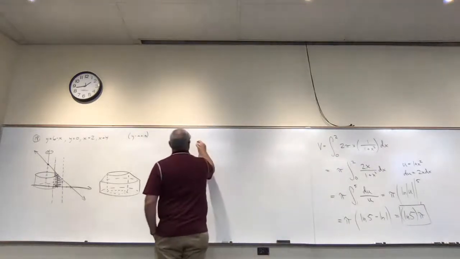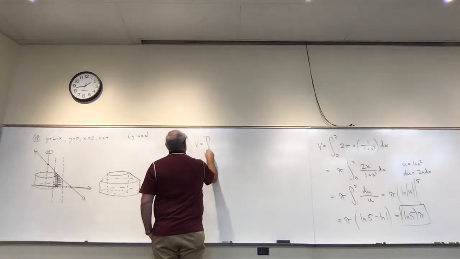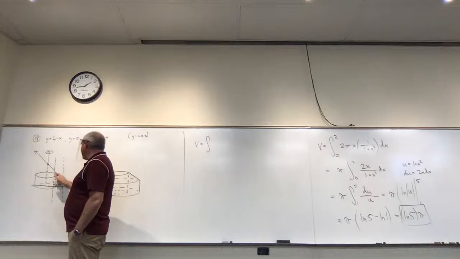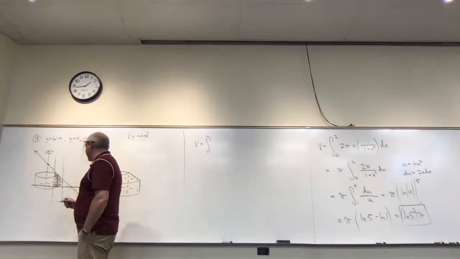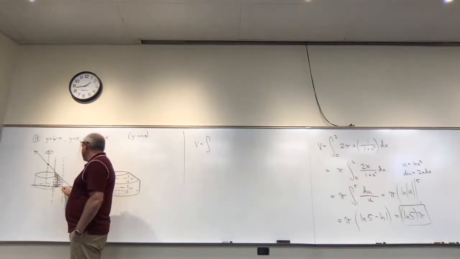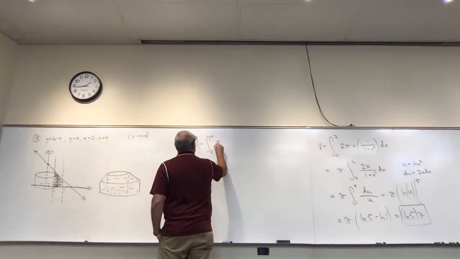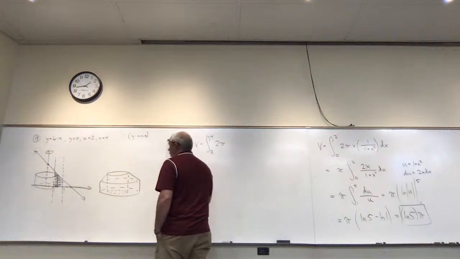So volume is equal to the integral from, I start cutting at what x value and I stop cutting at what x value? This is 2, this is 4, so I'm integrating from 2 to 4 of 2 pi r.